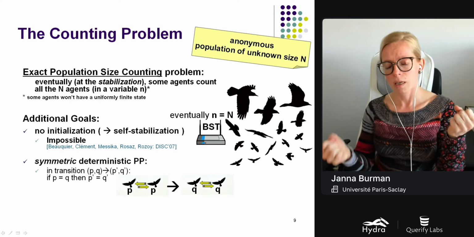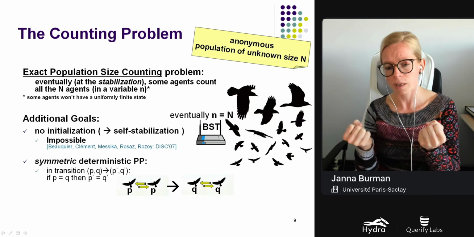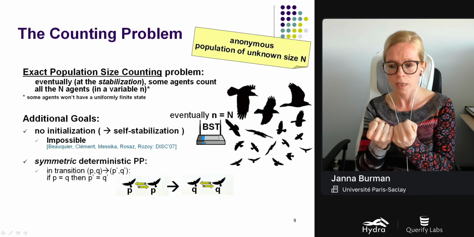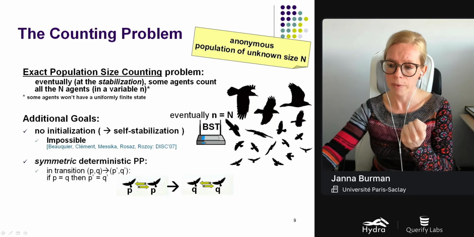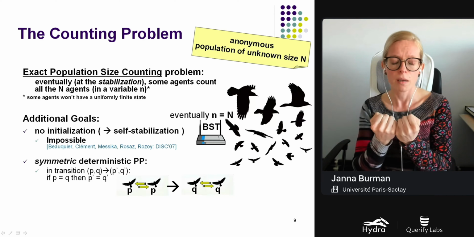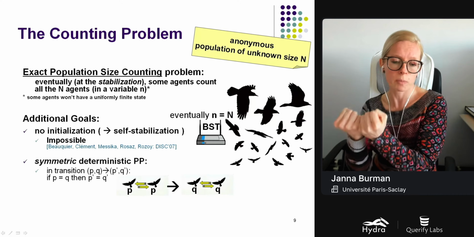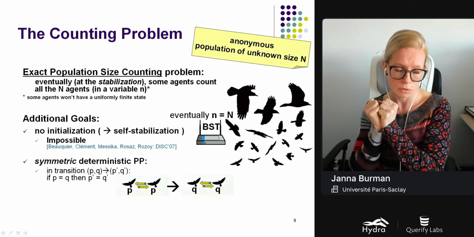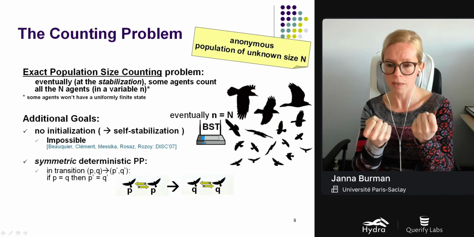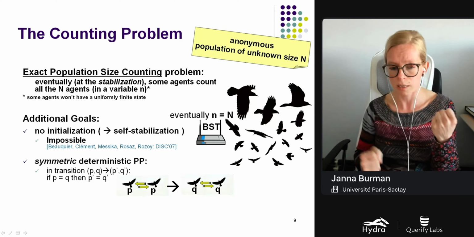It means that if our rules take into account two agents in the same state, like here state P, they have to move to some maybe different state Q, but both of them to the same state. Because these two agents in the same state are actually indistinguishable. We cannot say one moved to one state and another to another state.